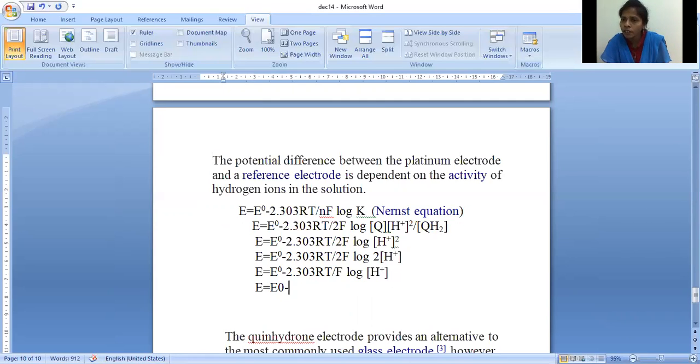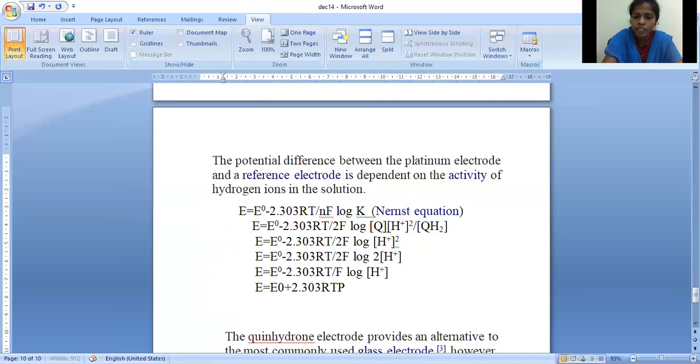So have you seen it anywhere? Minus log of H plus is nothing but pH. pH is equal to the negative logarithm of H plus concentration. So in place of minus log of H plus, what we can write? We can write pH. So we can write here plus 2.303 RT, what is minus log of H plus?